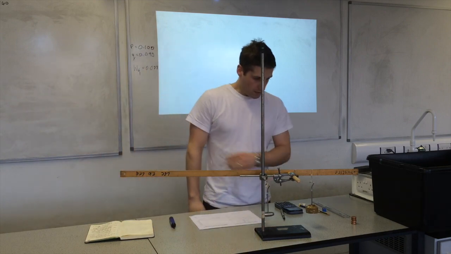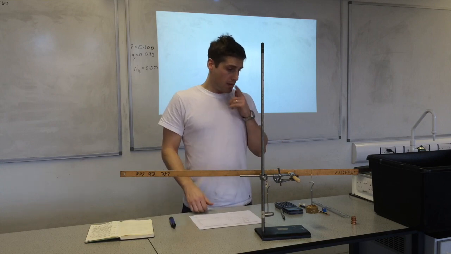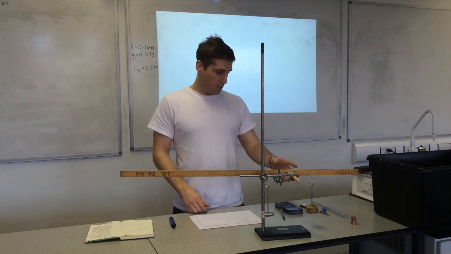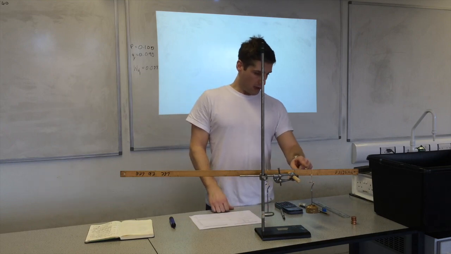So what I need to do now is decide what a good range would be. The thing that I would do here is find out what I can go up in.